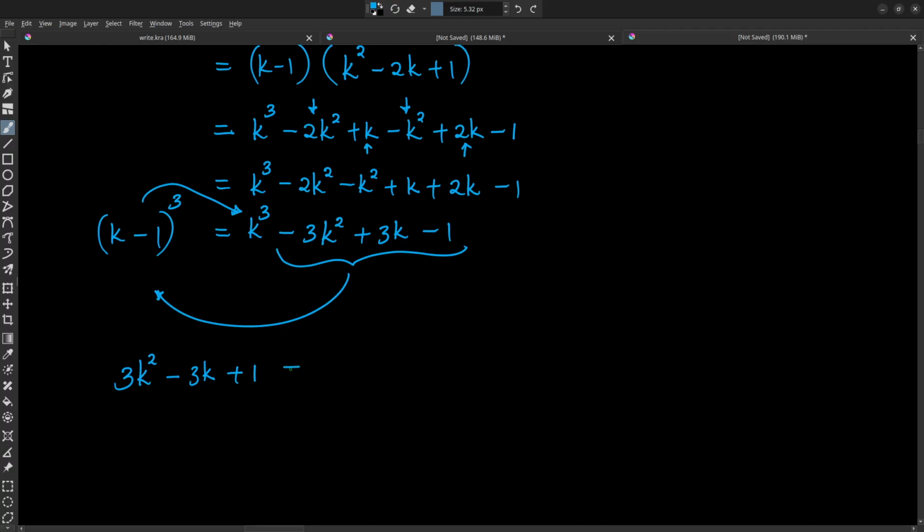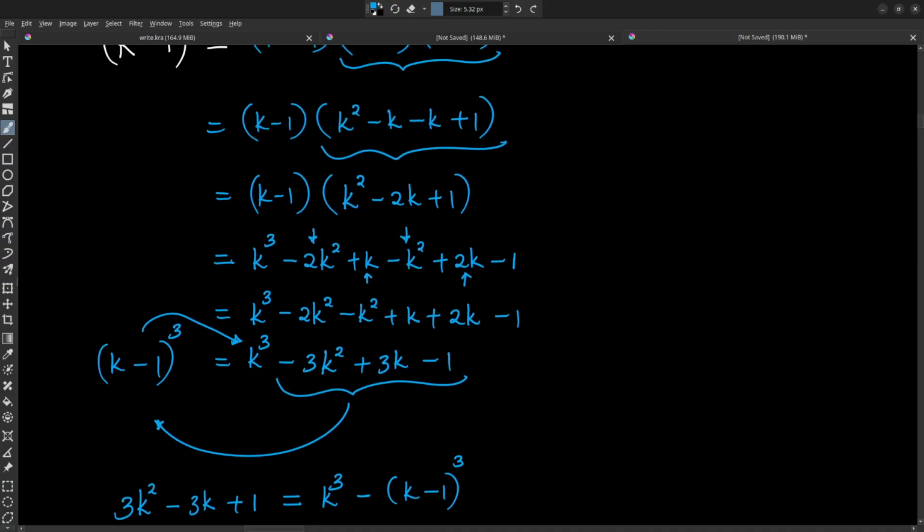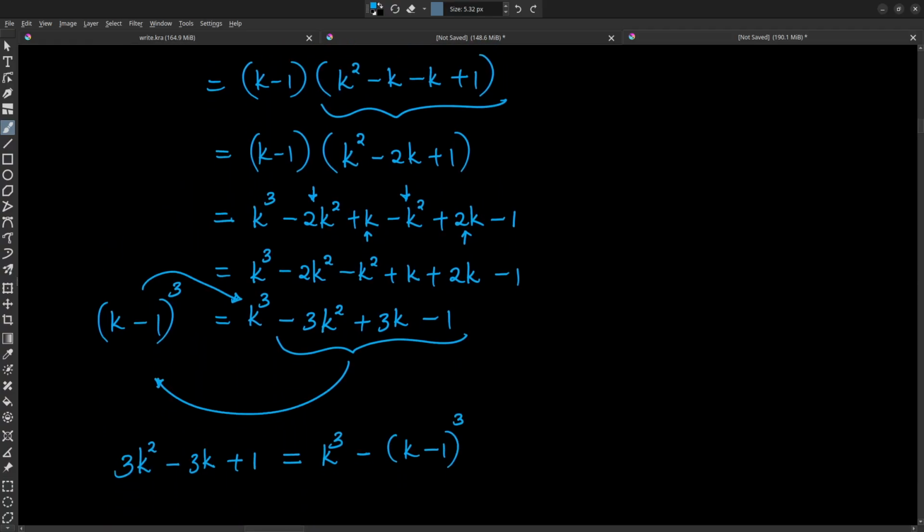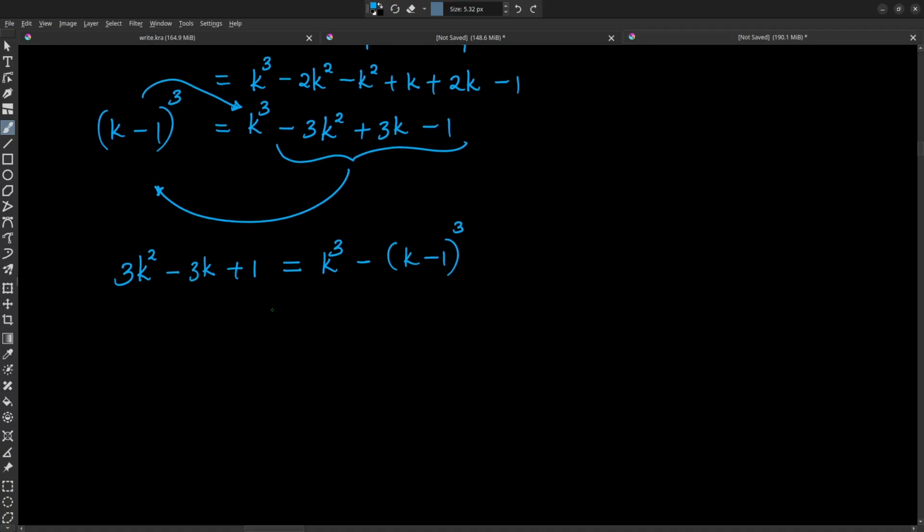Now we are saying this is all equal to, on the right we had k cubed, and now we have brought this (k minus 1) cubed term to the right. So when it comes to the right, it becomes negative. So minus (k minus 1) cubed. So you see, we haven't done anything crazy so far. All we have done is we've expanded (k minus 1) cubed, and then we've just rearranged the terms.